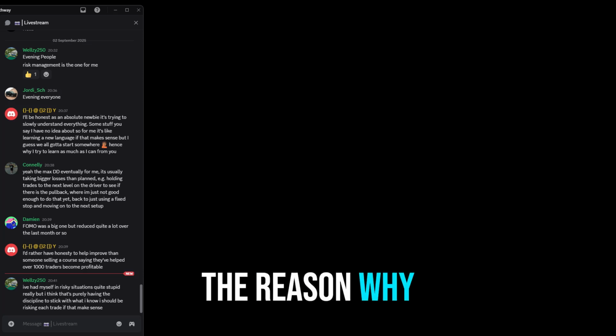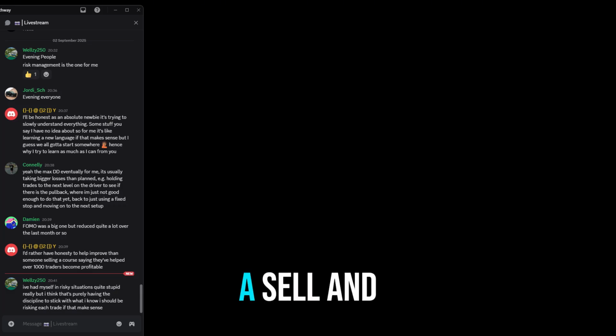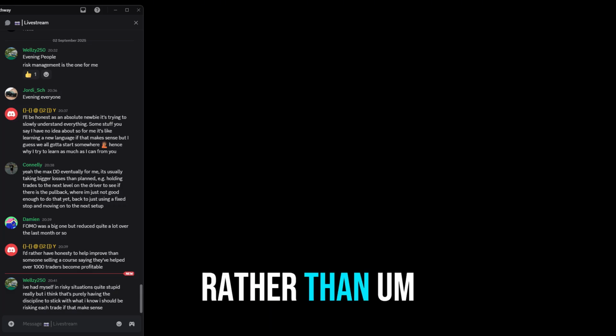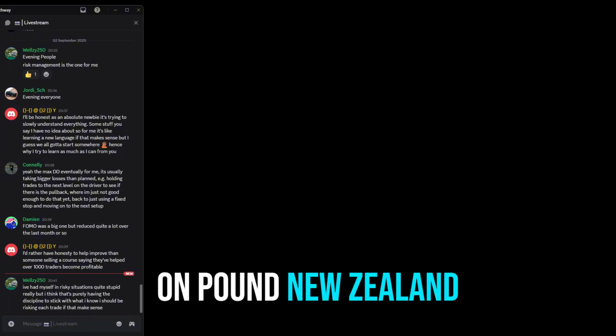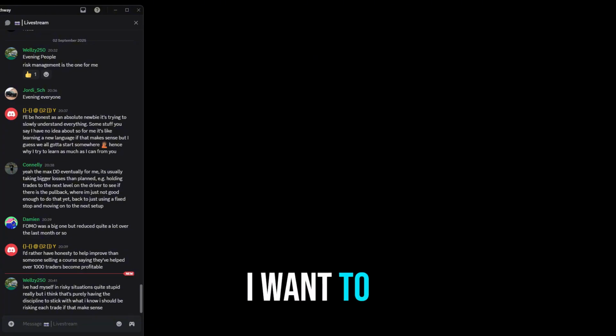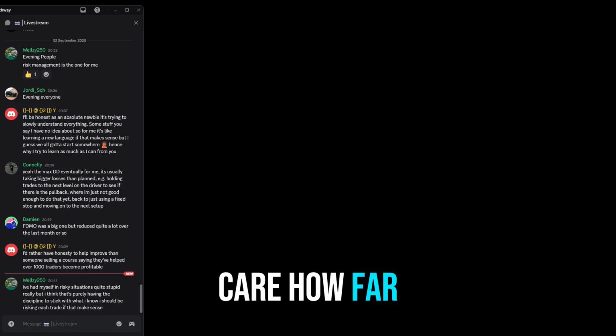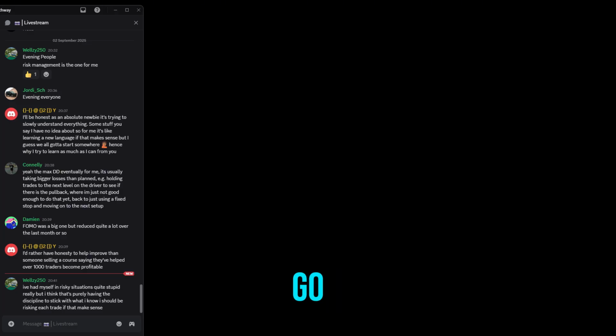That's part of the reason why I only trade sell action for a sell and buy action for a buy, rather than entering the market on this retest on pound New Zealand dollar. I want to see a sell level here, so I don't care how far up I need the market to go. So where did it go from today?